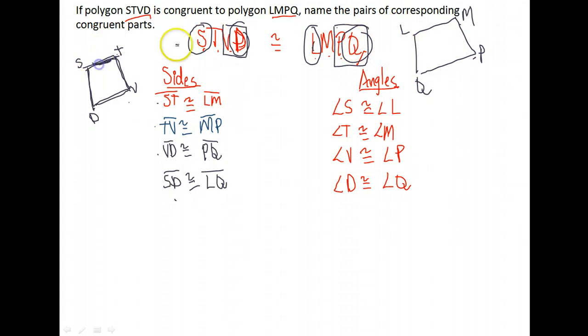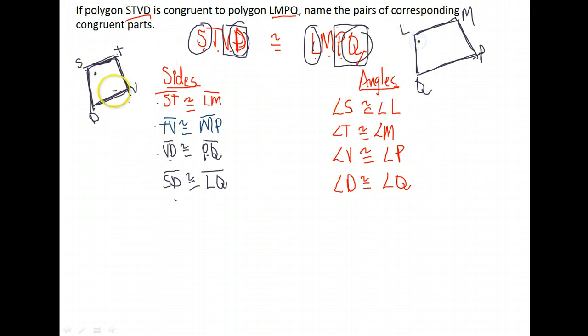SD was the top here, which went with LM, the top here. TV was the right side of this one, matched up with NP just like we said it would. DV, the bottom, matched up with QP, and SD, the left side, matched up with LQ just like we said.